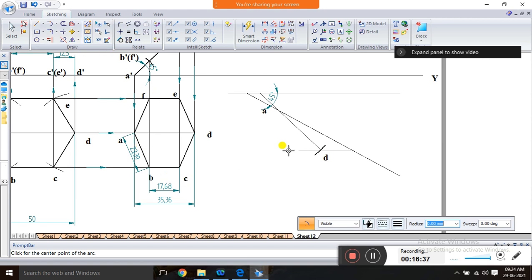So from A, we got the point A. So cut B. That distance is 23.39. So here you have to type radius 23.39.